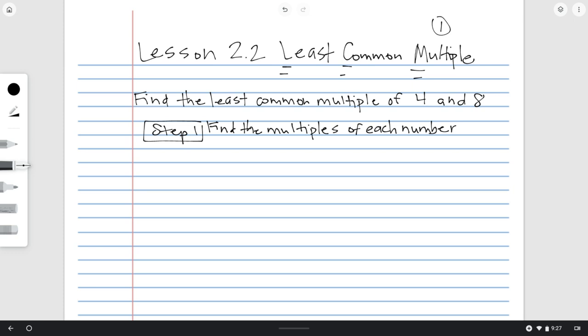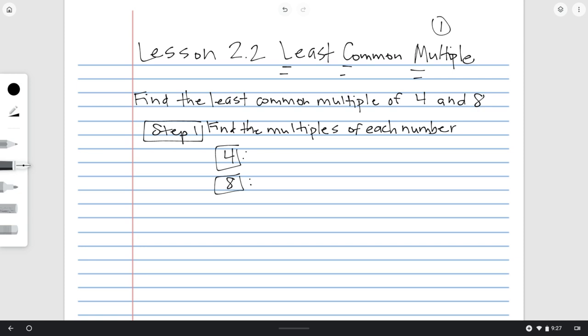Okay, so the multiples of each number, I have 4. I'm going to box it around. And then I have 8. I'm going to box that one too. We went over this a little bit yesterday. I was a little ahead of myself.